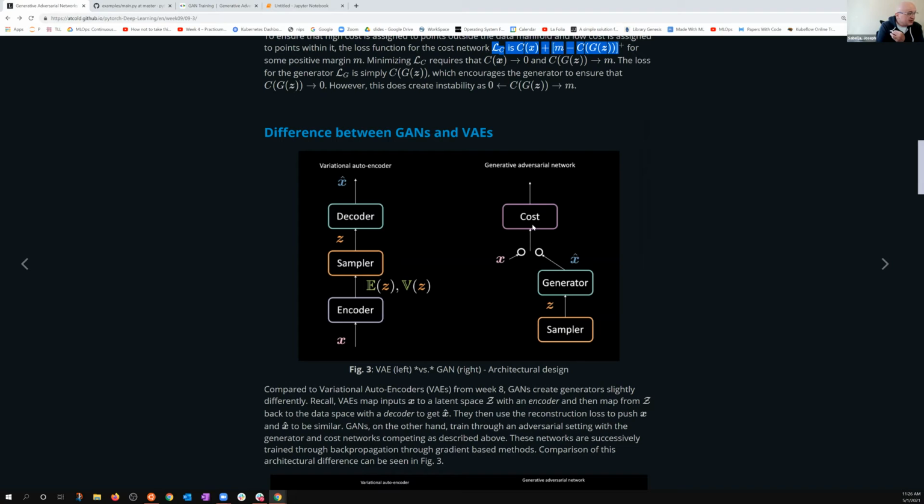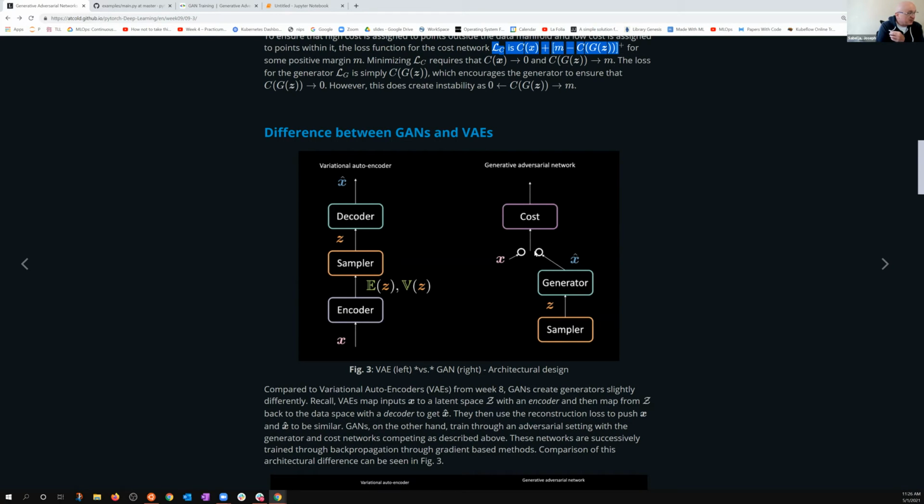So we train the generator based on the cost function. That's my understanding. But then the discriminator takes as its input the cost function and uses a loss function on top of that to train, so you can train the actual discriminator.